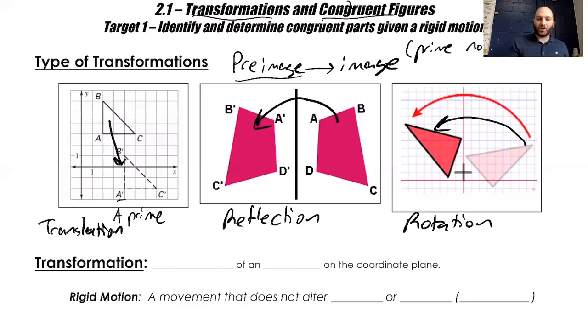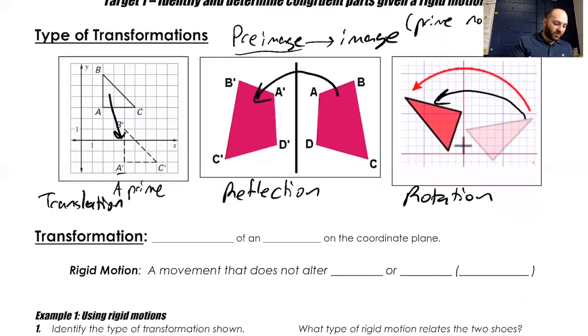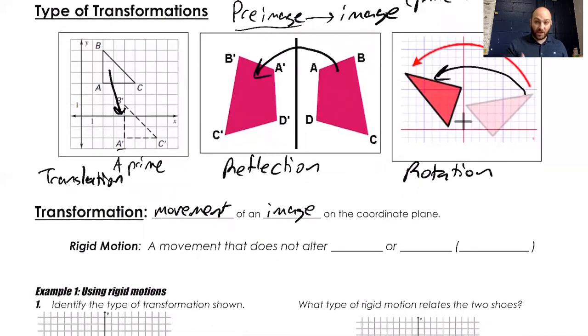So what is a transformation? A transformation is a movement of an image on the coordinate plane. So we are moving it in some way. The ones we're focusing on right now are what's called a rigid motion.